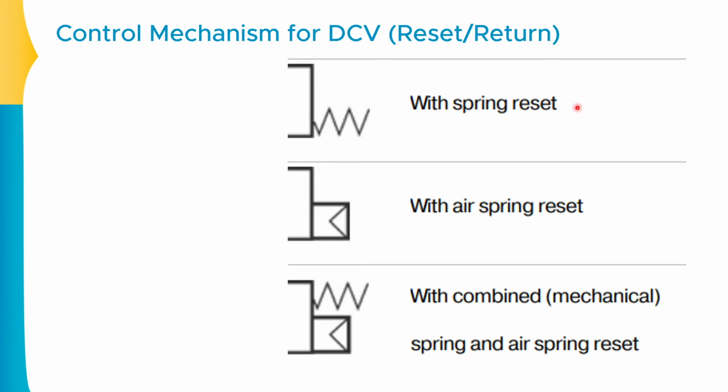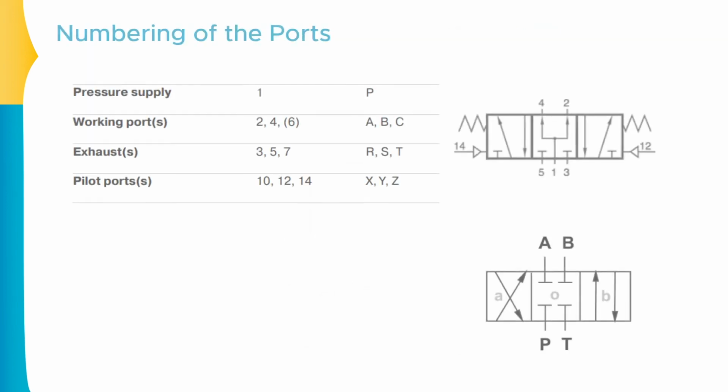Let me show you one basic example, so you will be able to observe whatever I have explained. As you can observe, this valve is a 5 port, 3 position valve. This is a 5x3 valve. Now, this is the pneumatically actuated valve. So this is one pneumatic line, and this is the second pneumatic line.